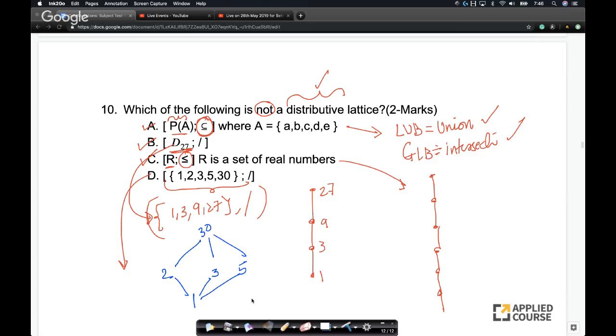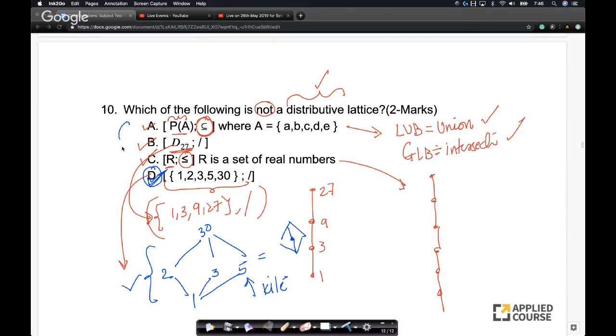This is the whole diamond. Sorry, not a diamond, this is your kite lattice. We have seen that if the Hasse diagram is a kite, it's not distributive. So this is the final answer. D is not a distributive lattice. Everything else is a distributive lattice.